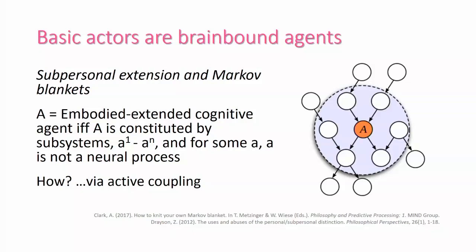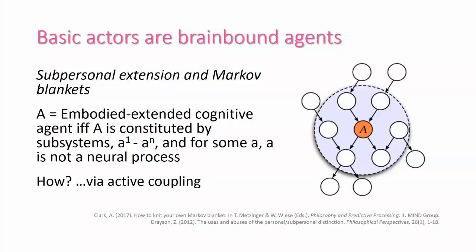So what I'm suggesting as a way to get at the extended account is that we take some personal level mental state, say my belief about the location of MoMA in New York, and then we do a functional analysis, one of these vertical explanations of how that state is realized.